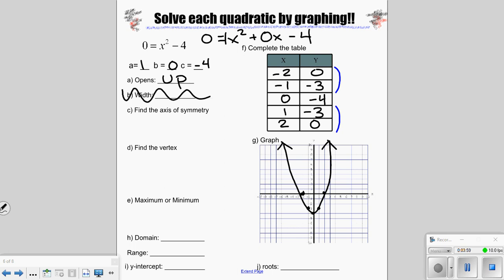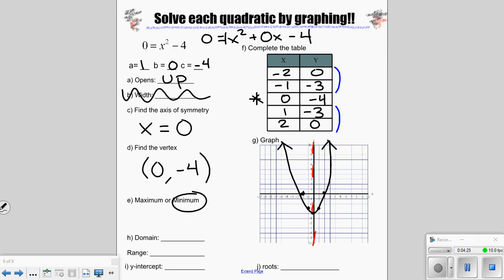The axis of symmetry, if we notice, is always going to be our x value at our vertex, which in this case is x equals 0. Our vertex is always going to be in the middle of our table, so in this case it's 0, negative 4. This graph has a lowest point, so it's going to have a minimum.